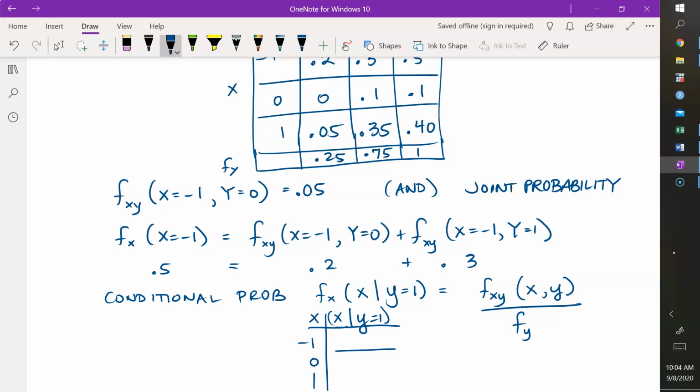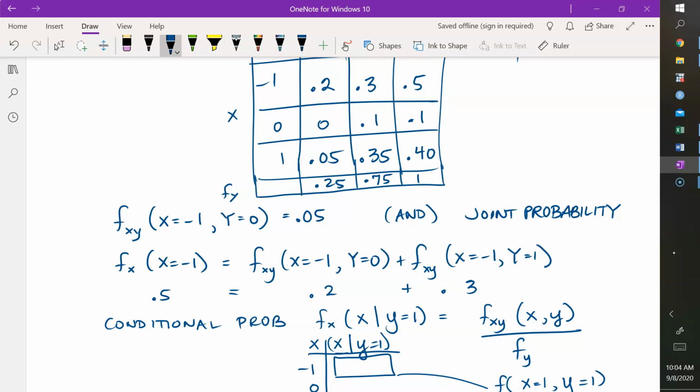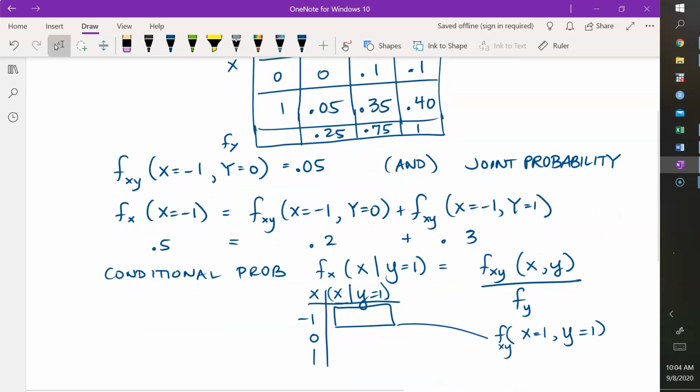For this particular one, I need the chance of x is -1 and y is 1. I go up here: x is -1 when y is 1 is 0.3.